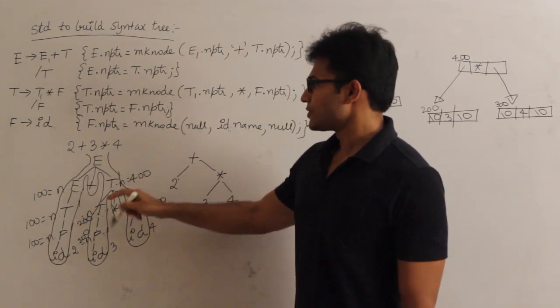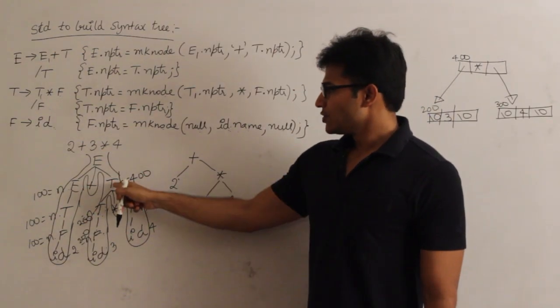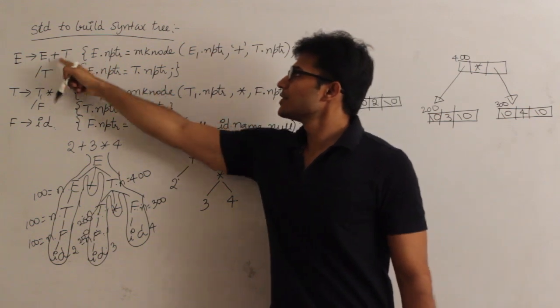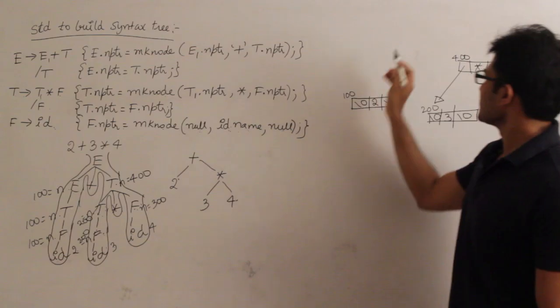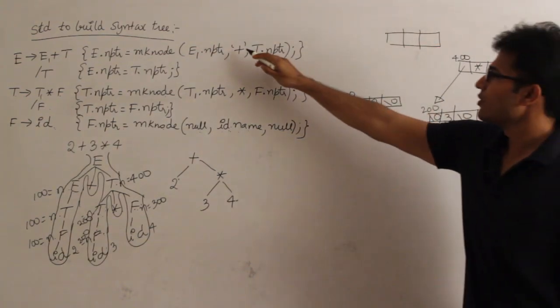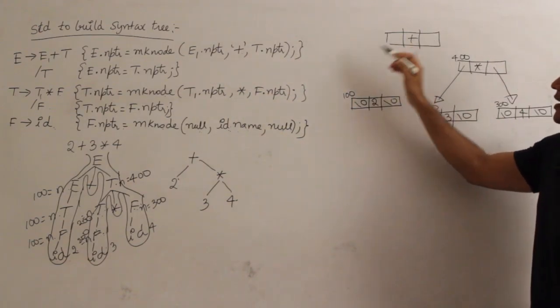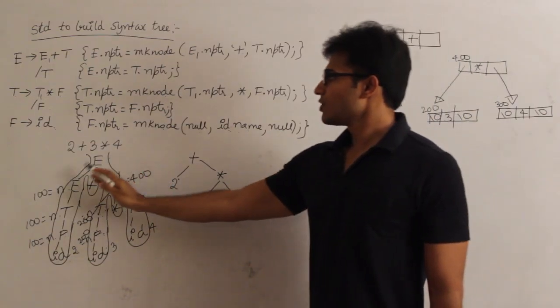Now e plus t is reduced to e. When e plus t is reduced to e, we have to make one more node. The value of that node is plus, and the left side pointer is e1.nptr. What is e1.nptr?